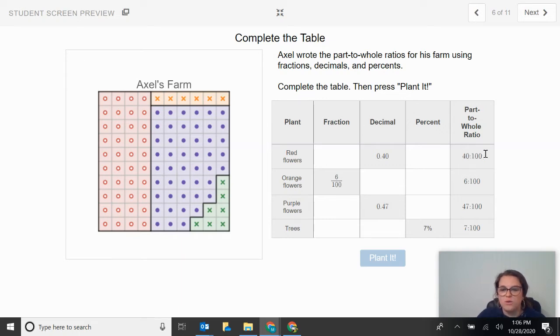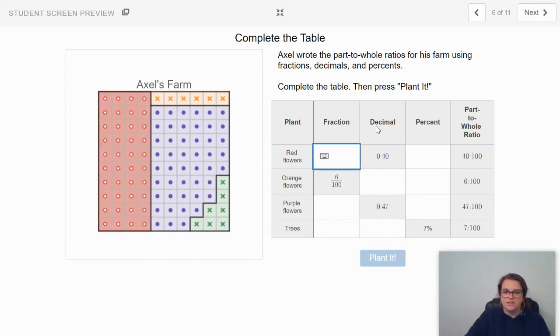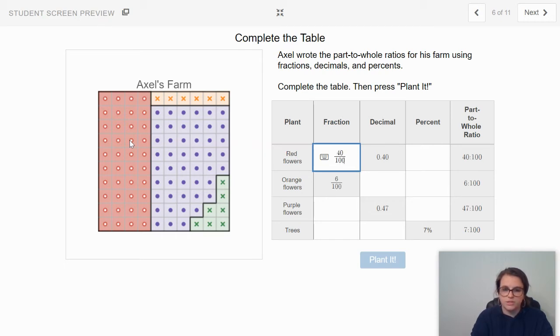And if our whole is 100, the only other thing you have to do is write the exact number that's listed as the part. Pretty good, right? So for our fractions, we can see that there are 40 flowers in our red part. So for a fraction, we would just write 40 over 100.